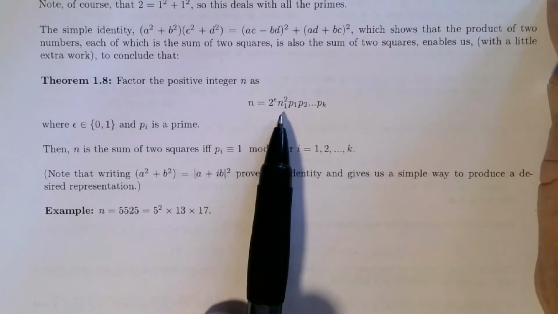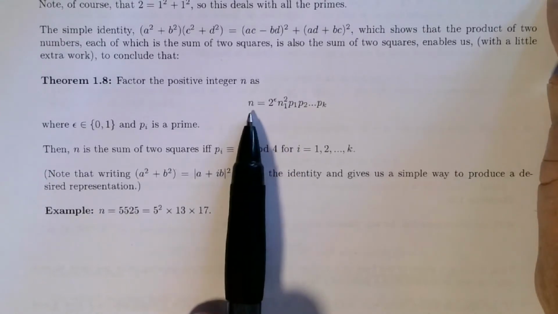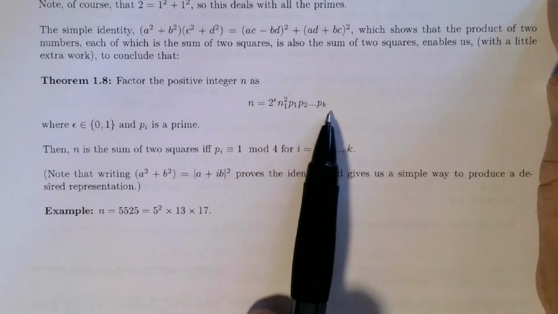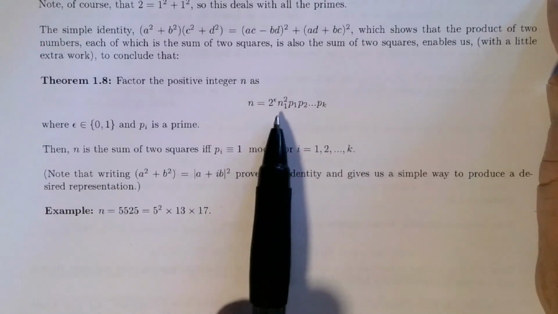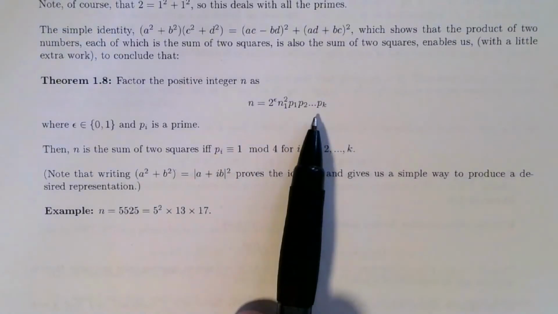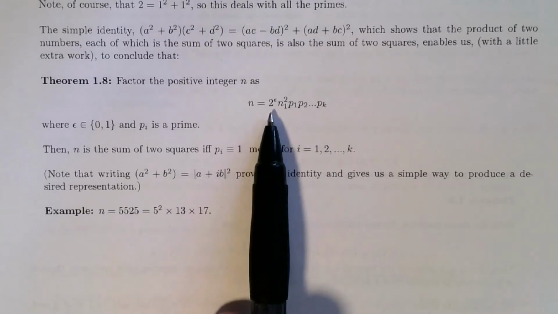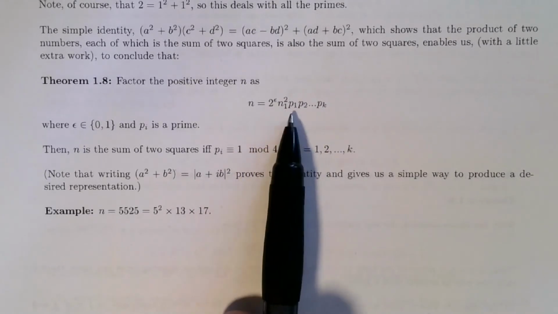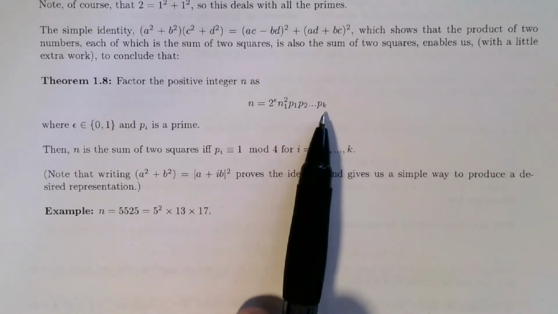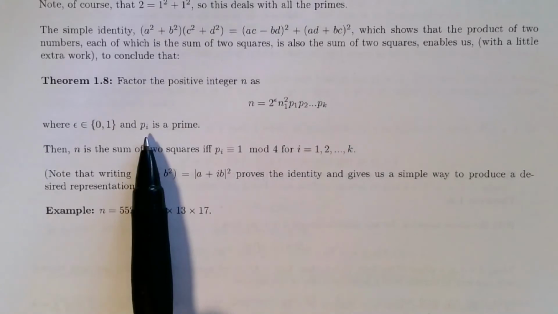You take out the biggest square factor out of n, and you're left with a product of primes only to the power 1. So this is slightly different to our normal way of prime factorisation. You pull out a 2 if there's 1 there, you take out the biggest square factor, you're left with a product of primes, and so each of these p_i's are primes.